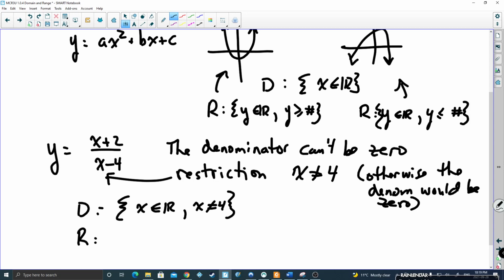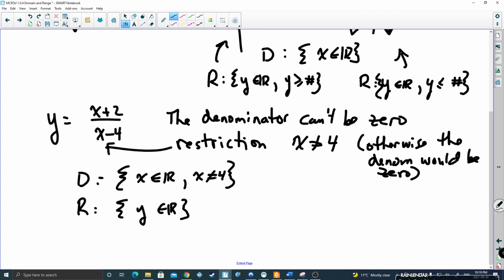The range, however, goes forever. So anytime you have an x on the bottom of a fraction like this, you have to state the restriction. The restriction is what x value would make the denominator equal to 0, and therefore say that those values are not acceptable for the x values.